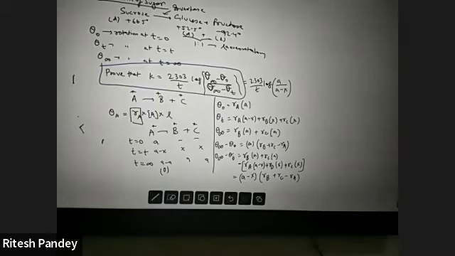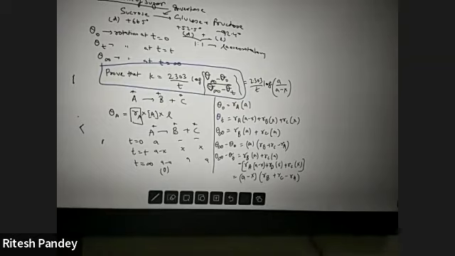Get used to theta infinity minus theta naught upon theta infinity minus theta t. Okay, children? Just we can move on. Yes, sir.